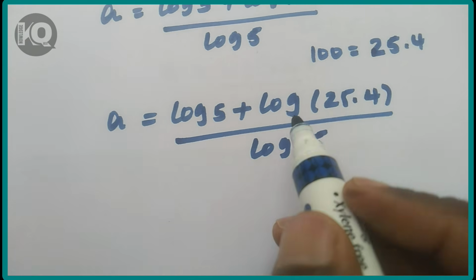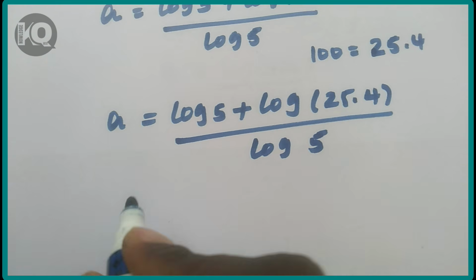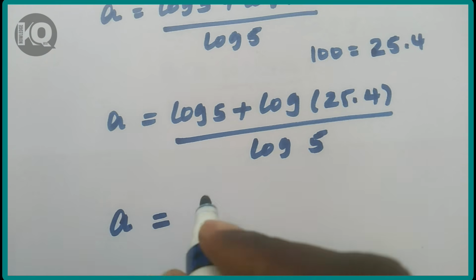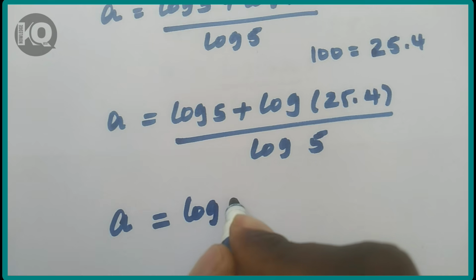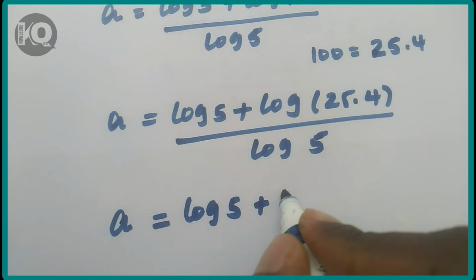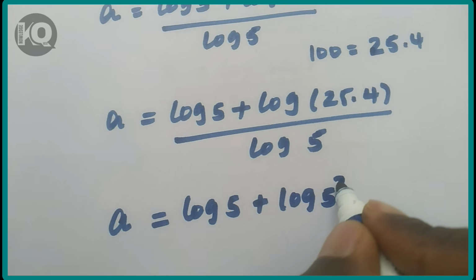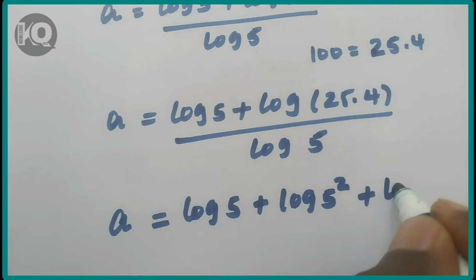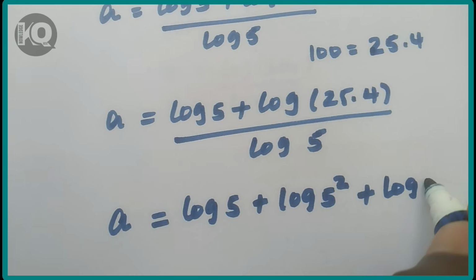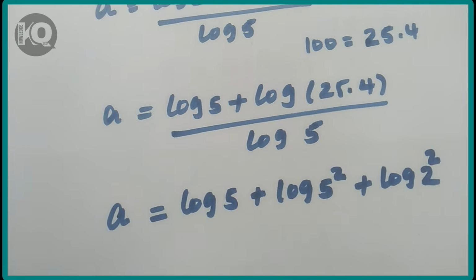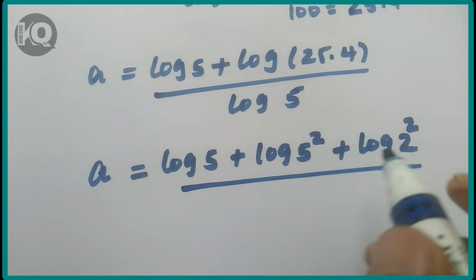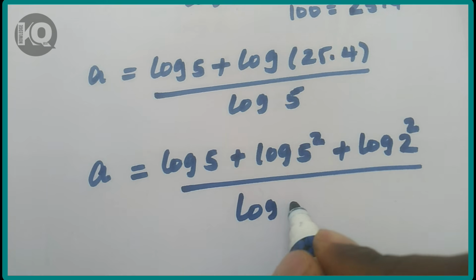Now this log of 25 times 4 will be log of 5 plus log of 25, which is 5 squared, plus log of 4, which is 2 squared, divided by log of 5.